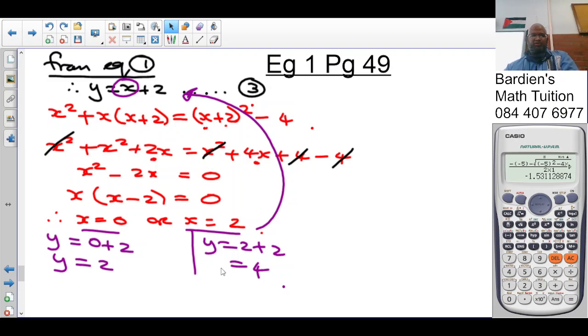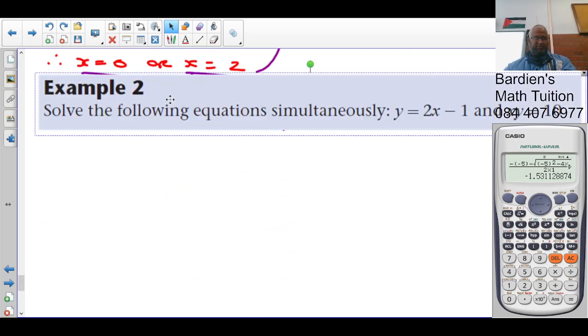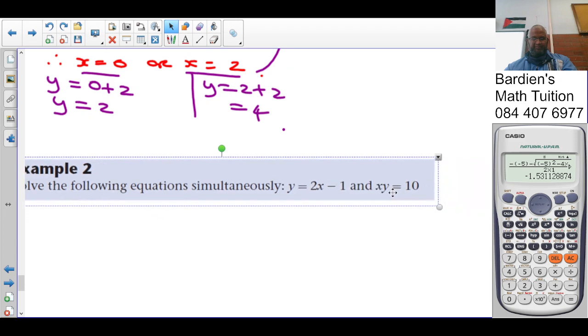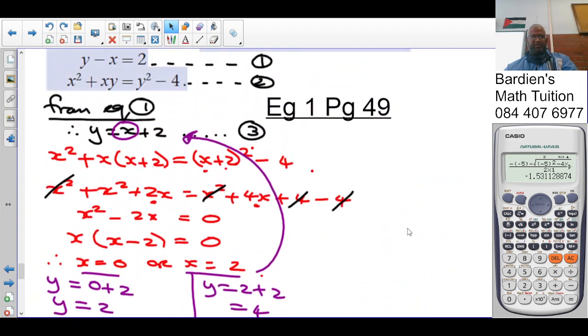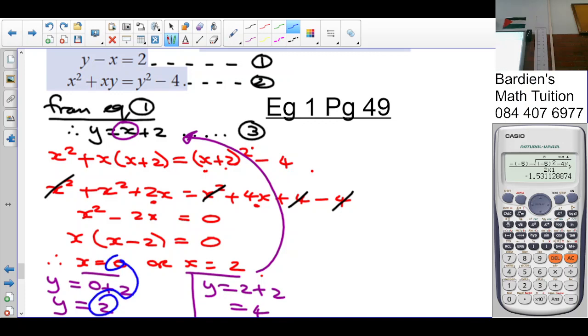You can test it also to see if you're correct. Let me show you. I think we tested last year already, but let me show you again. Okay, let's use a different color. We haven't used blue. Remember what is x? It is 0 while y is 2. So we can only use those two together. So if you got 2 minus 0, what's 2 minus 0? 2. So that one works.